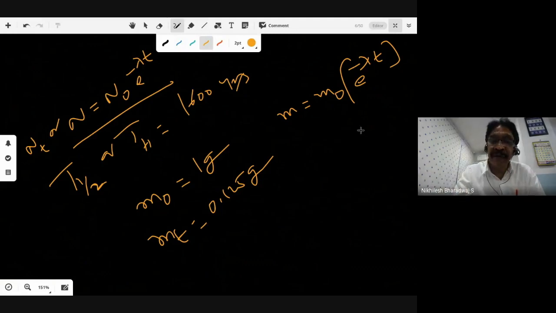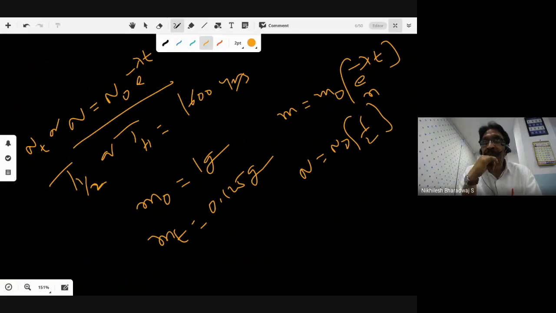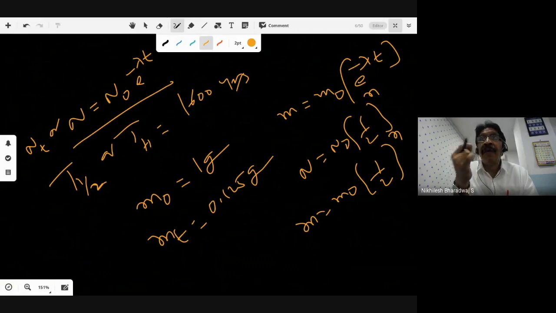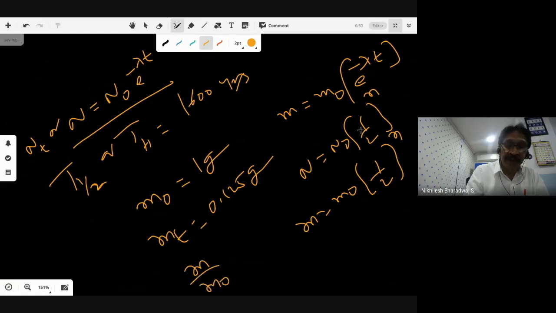And as you know pretty well, N is equal to N0 into 1 by 2 whole to the power of n. Similarly, M is equal to M0 into 1 by 2 whole to the power of n. Here n is the number of half-lives. Now coming back to that, M by M0 is equal to 1 by 2 whole to the power of n.